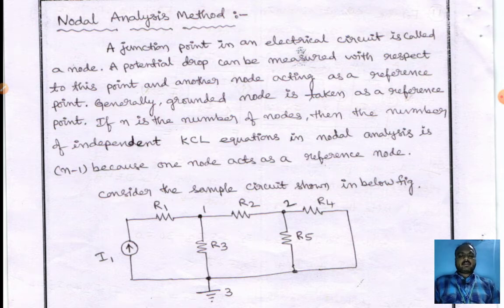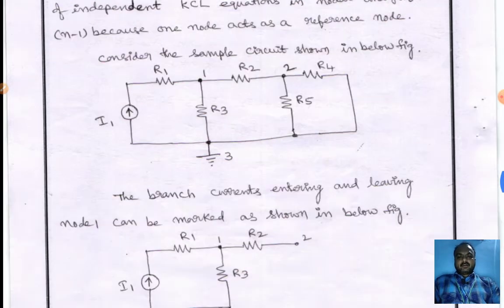The bottom node is the common node for I1, R3, R5 and R4 also. That is called, we are taking as a reference or ground node for the circuit, right?